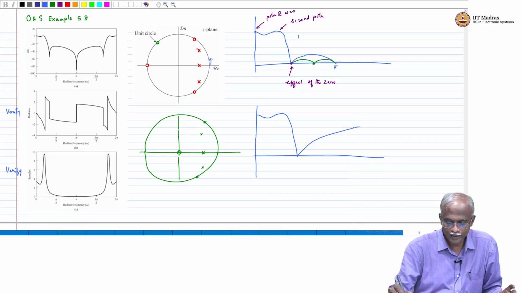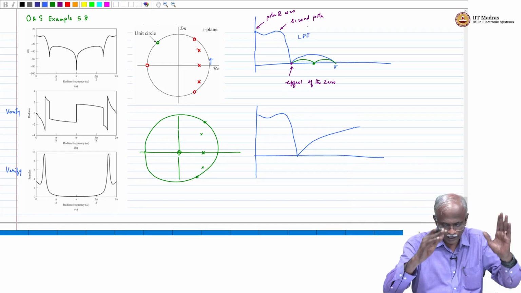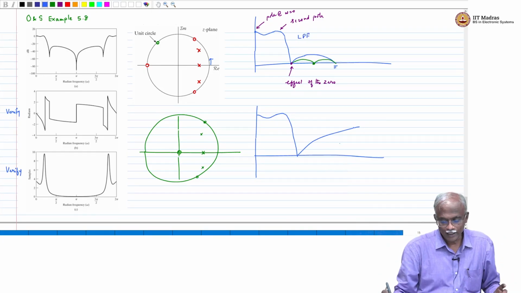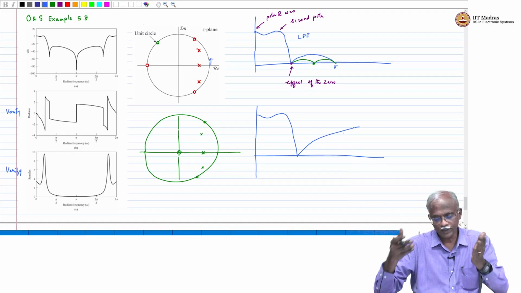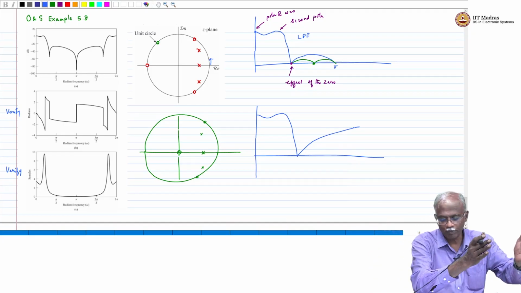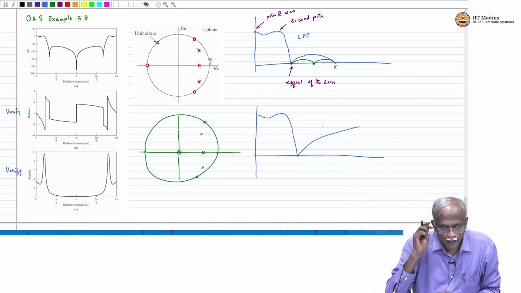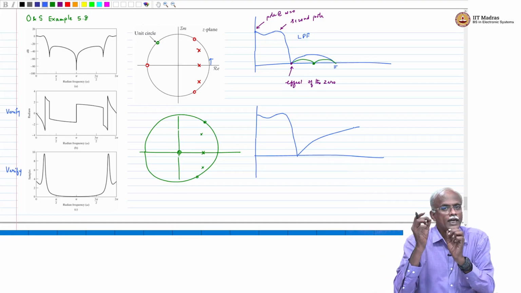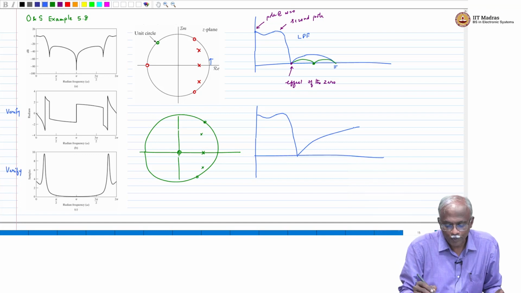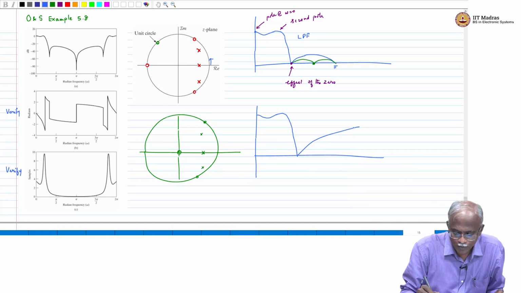So here is what starts to look like a low pass filter. Now this does not look like a low pass filter because you allowed low frequencies to pass through, but you're also allowing high frequencies to pass through. So you can now see why a low pass filter typically will have the following response.